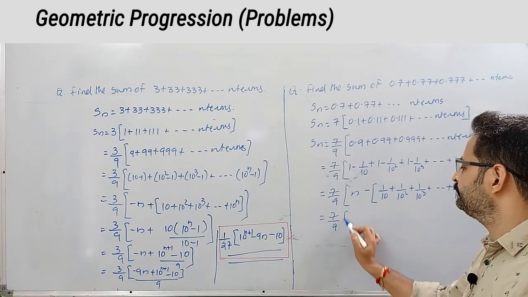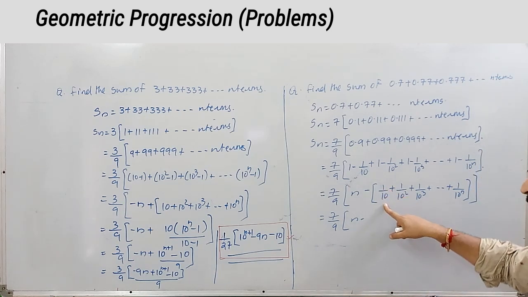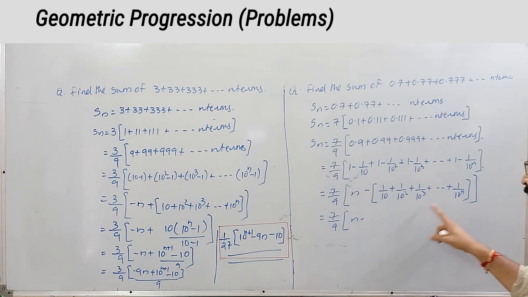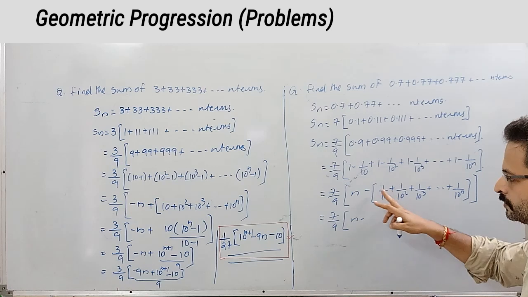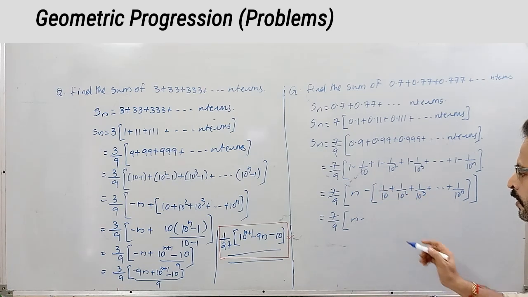Seven by 9 n minus, this term can be written as first term is 1 by 10, second term is 1 by 10 square, third term is 1 by 10 cube. So it is a sum of n terms of a GP whose first term is 1 by 10 and common ratio r is also 1 by 10.